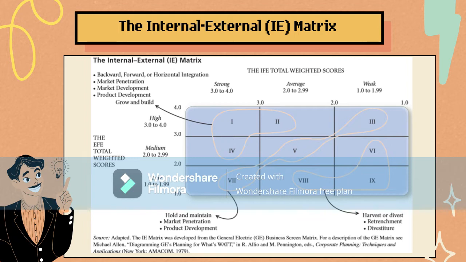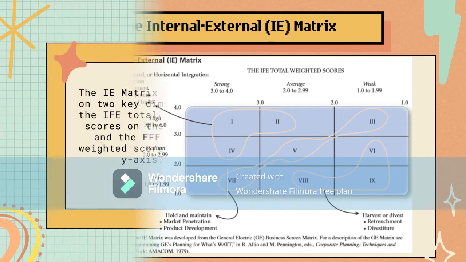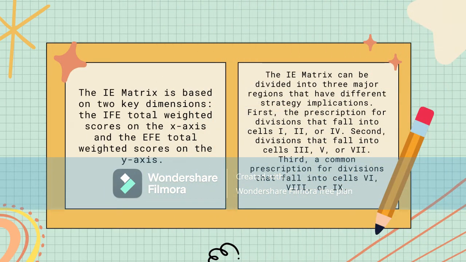Similarly, on the y-axis, an EFE total weighted score of 1.0 to 1.99 is considered low, and a score of 2.0 to 2.99 is medium, and 3.0 to 4.0 is high. The IE matrix can be divided into three major regions that have different strategy implications.